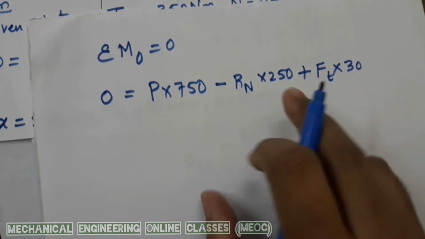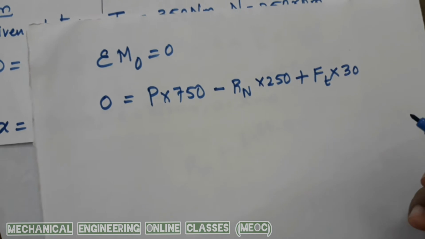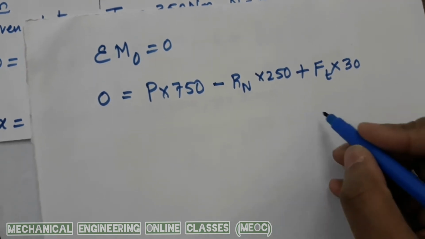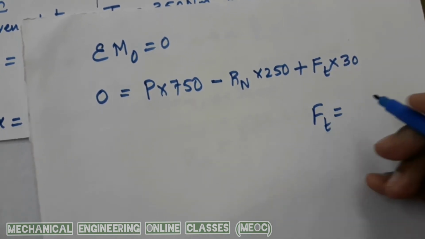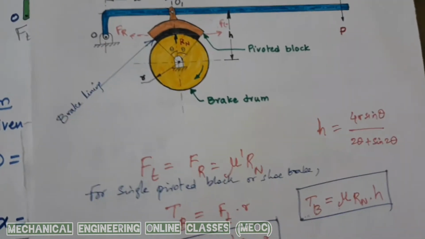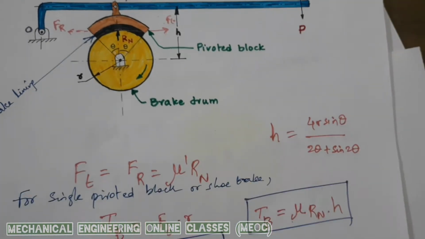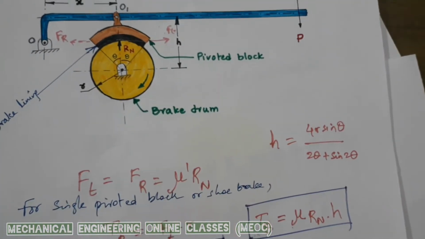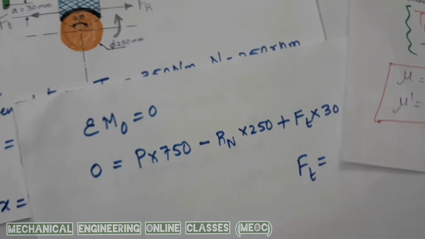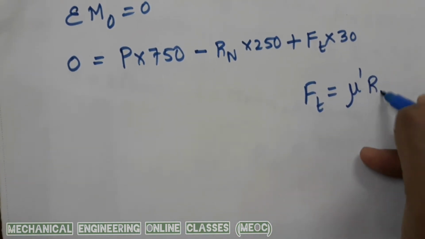So from here, Ft, like in the similar previous case, we can straight away take Ft as mu dash into Rn, because for a pivoted joint, that means when 2 theta is greater than 60, our Ft will be equal to mu dash into Rn.